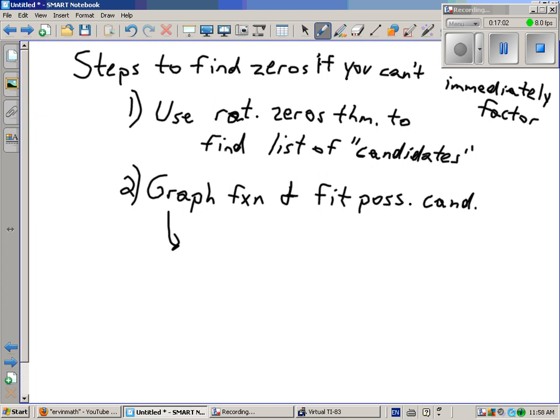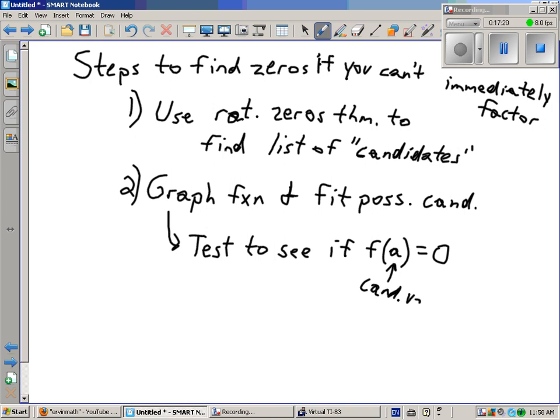Next, you're going to test those values. If, for example, f of a is actually equal to 0, a would be your candidate point. And if it is, x minus a is a factor.